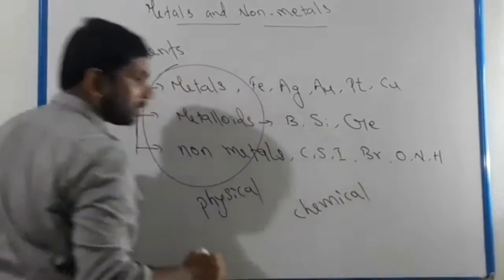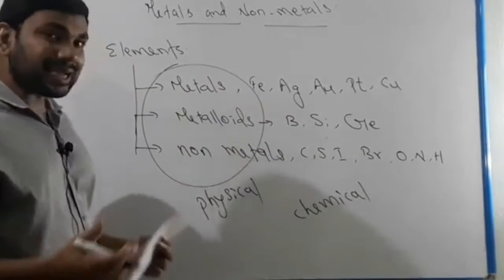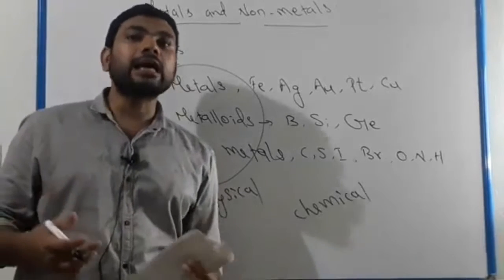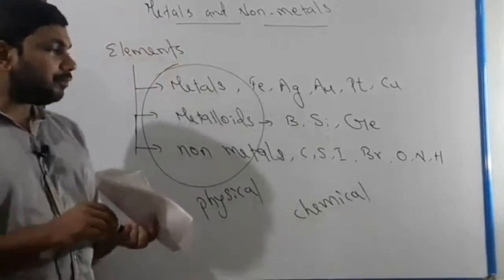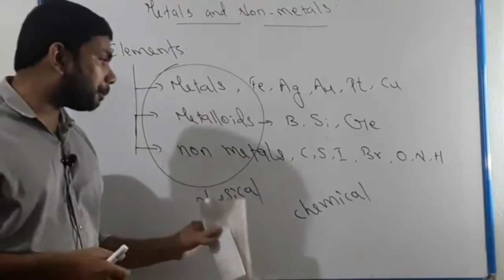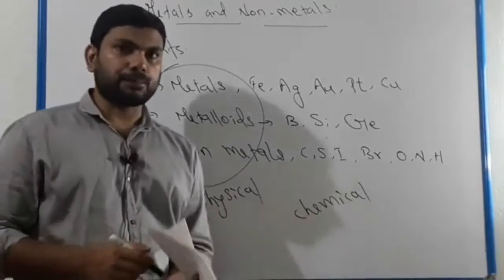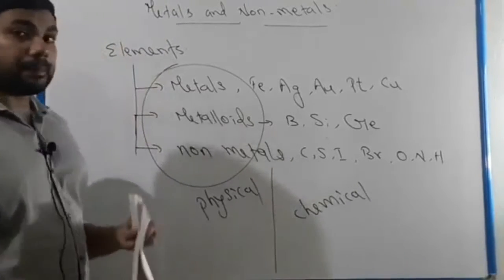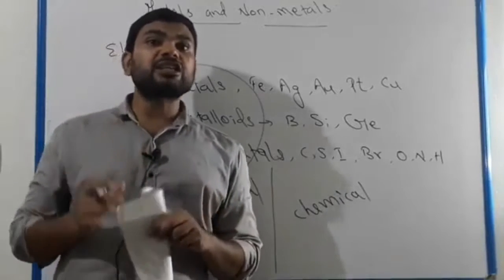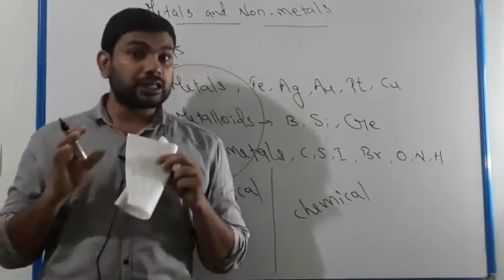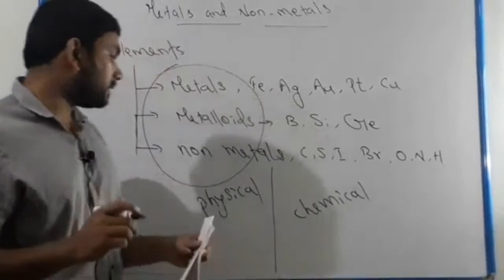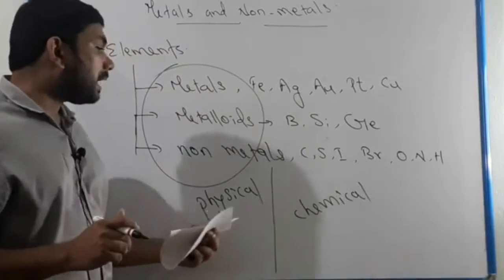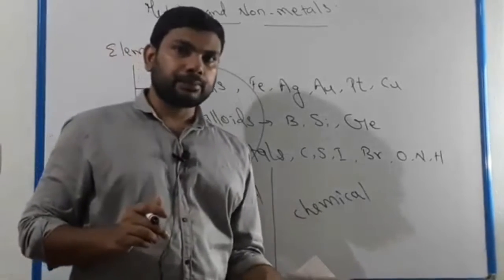We will observe what type of properties these elements show. So here elements show two different types of properties: physical properties and chemical properties.